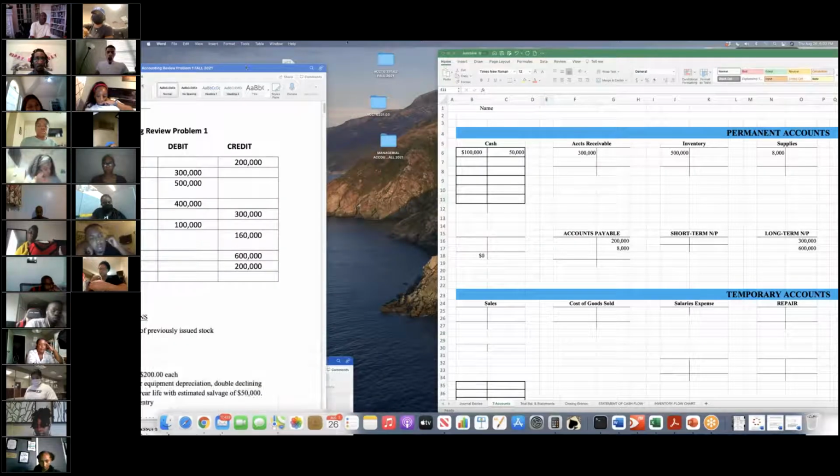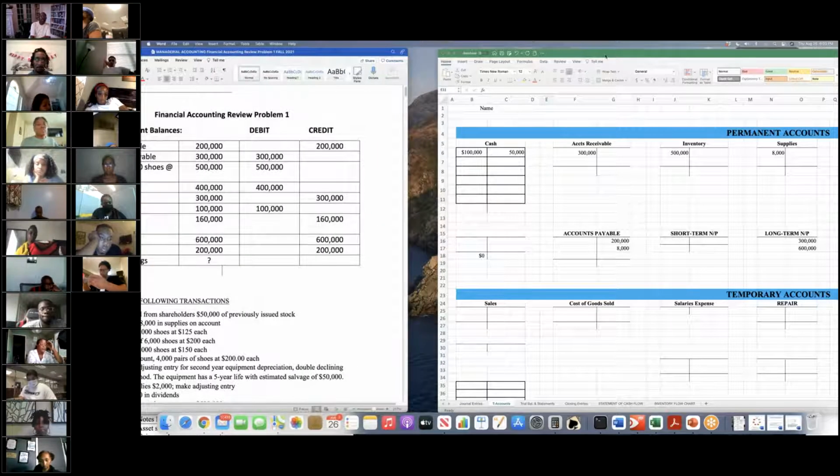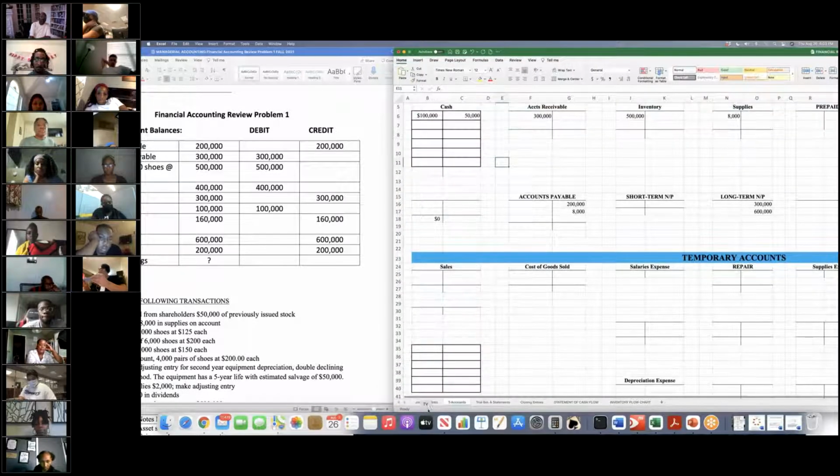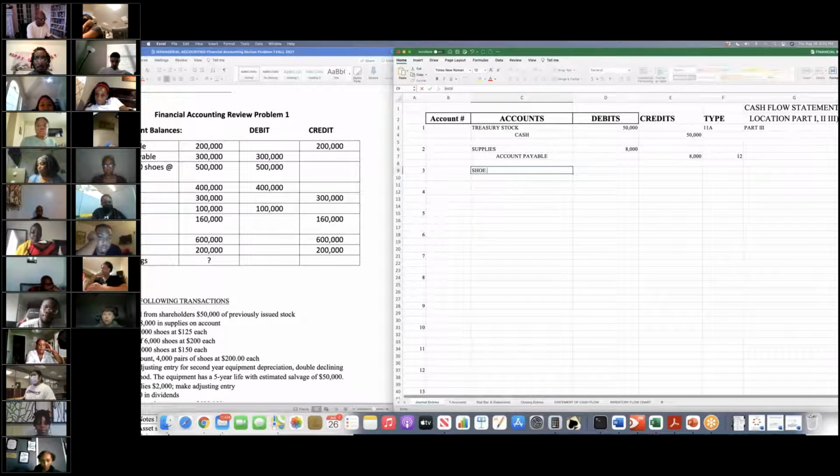So let's move on. What's our next transaction? Purchase 5,000 pairs of shoes at $125. So what are we going to do? For that one, shoe inventory and what? Accounts payable.